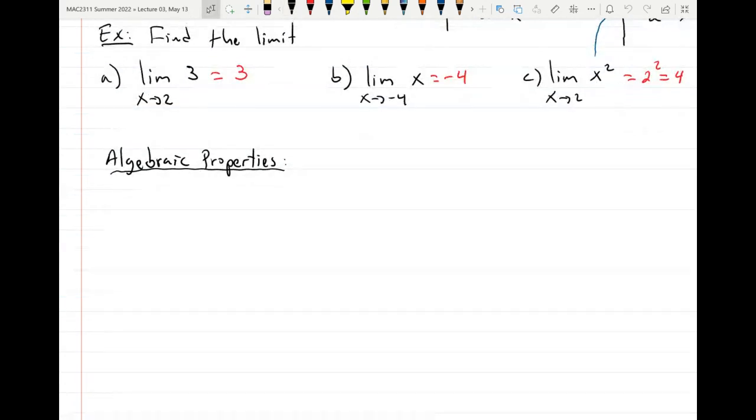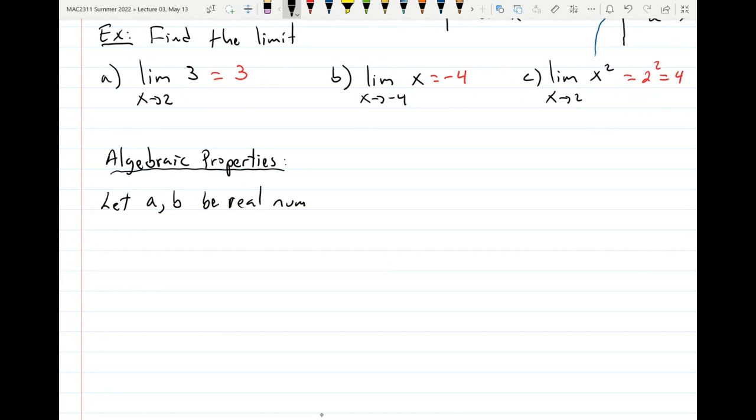Okay? All right. So let a and b be real numbers, and n a positive integer.